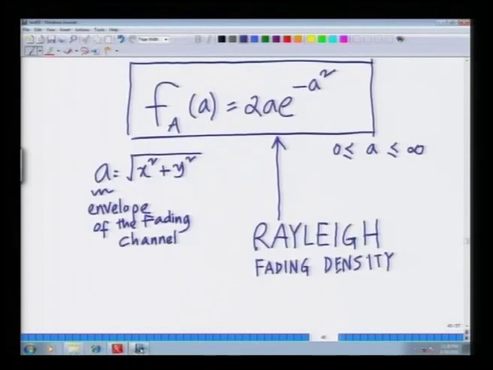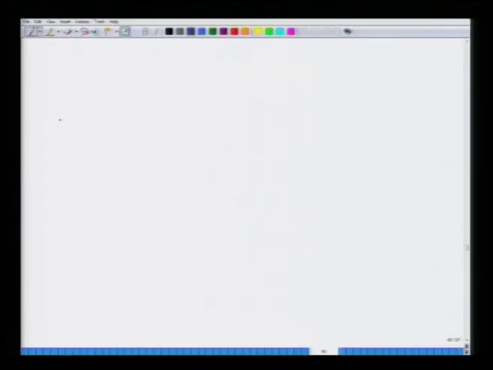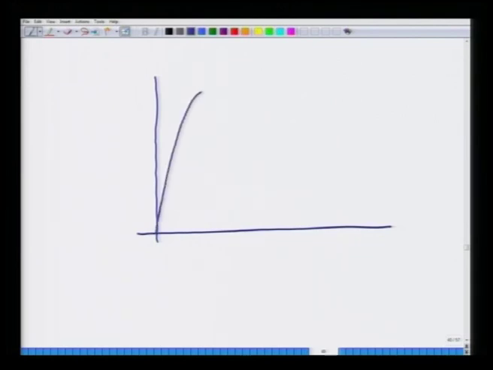Let me go back to the notes. So, we said that the Rayleigh fading coefficient has a density that looks something like this. Let me draw this approximately over here.